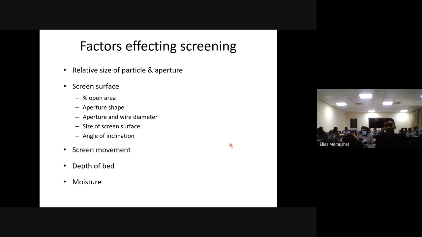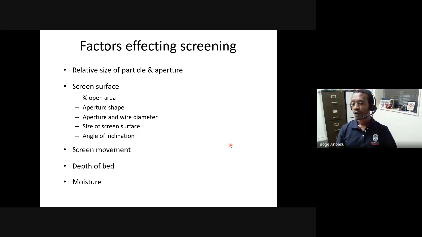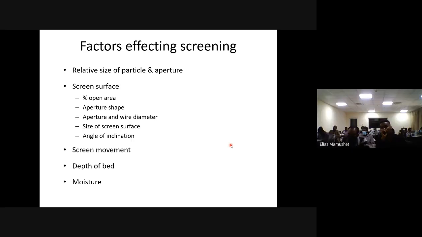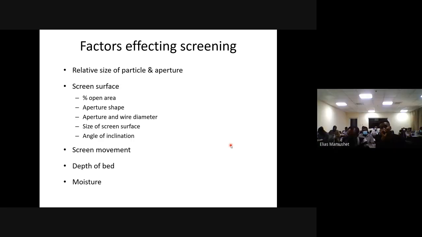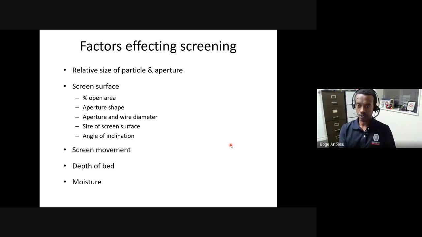Yeah, I think that's a very good point. Eventually, whichever angle you look at it from, when we say screening or efficiency of screening, it is based on size, splitting material into fine and coarse. That's what we're looking at.